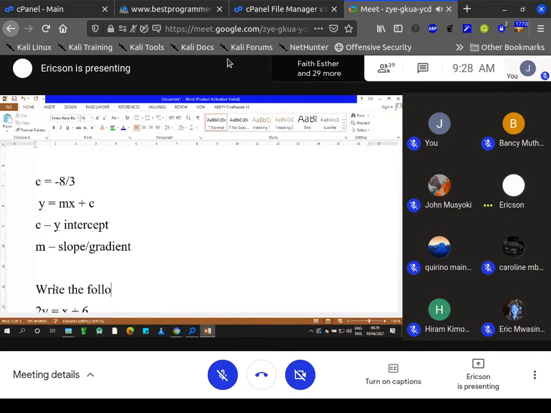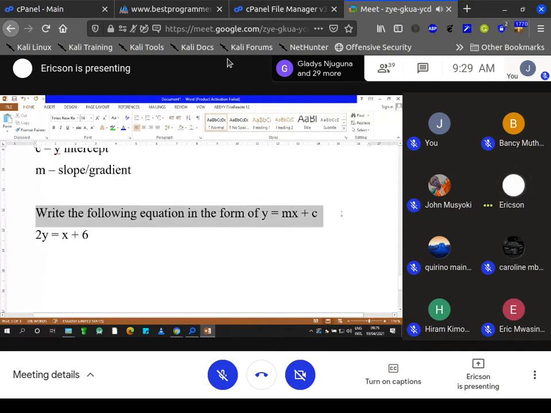Write the following equation in the form of y equals mx plus c. Let this be the question in the form of y equals mx plus c, and the given equation is this: 2y equal to x plus 6.